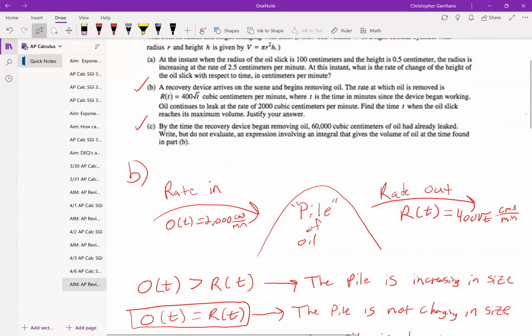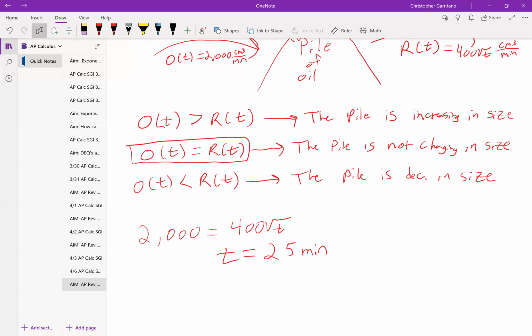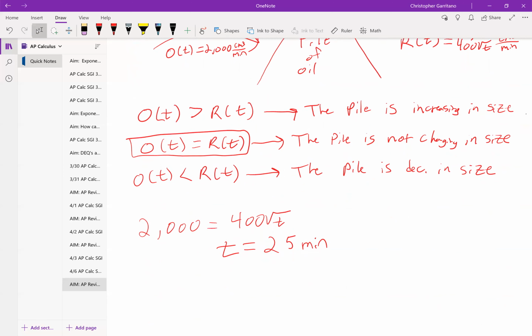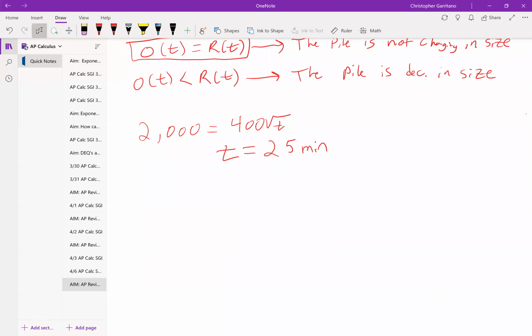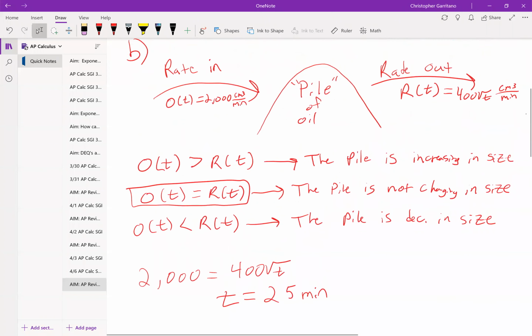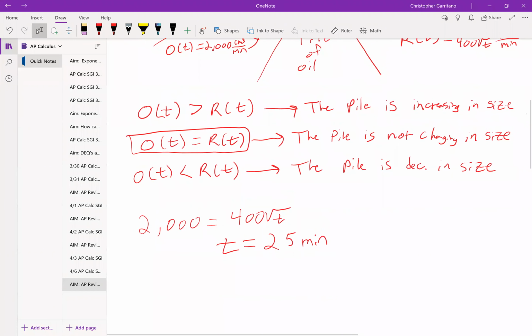That's part B. However, we're not finished yet because it does say to justify your answer. So we do have to justify that this is a maximum value. And if you think about it, the function, pause for a moment.